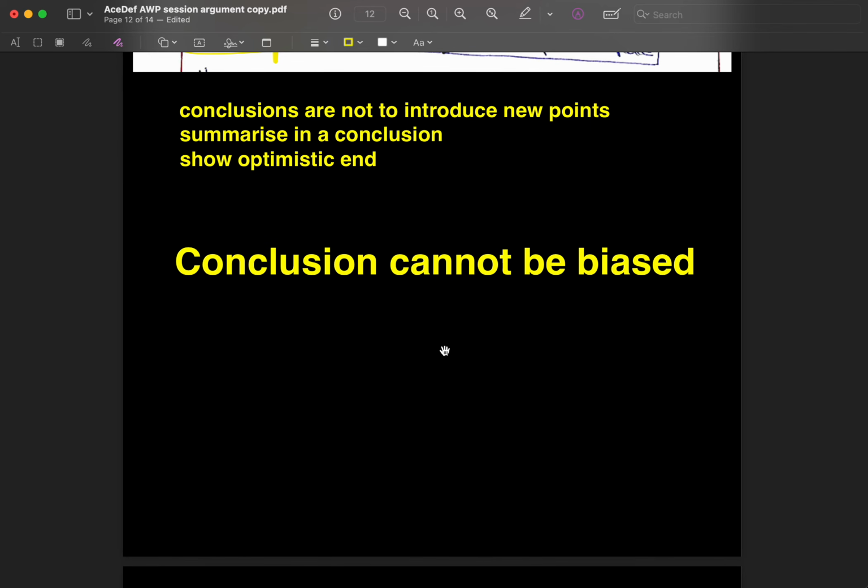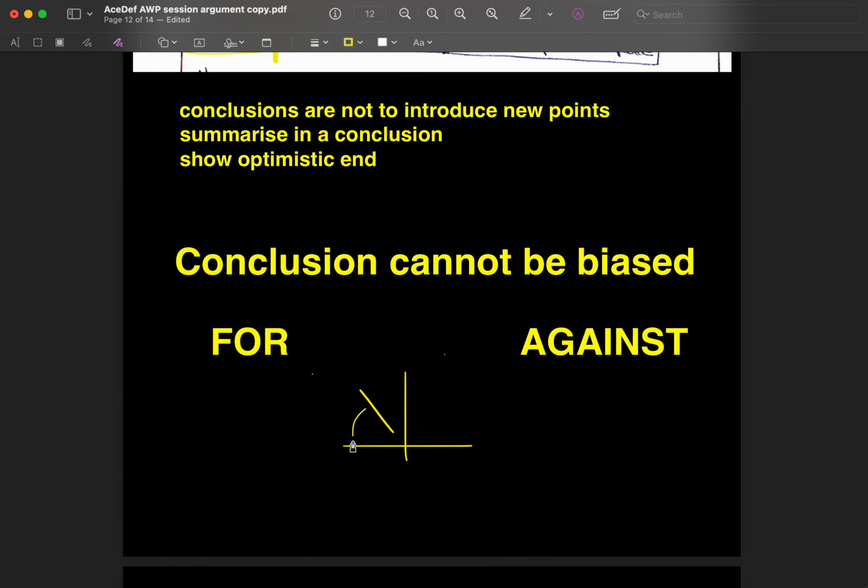The conclusion which you write, I know the arguments are on for and against. There are two parts. I completely understand that, but you are not to lean your scale towards one side, that I am more towards for, and I personally believe that this should be done, that simultaneous election should be done. No, you do not present your opinion.